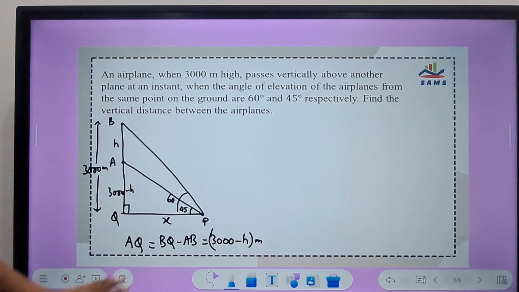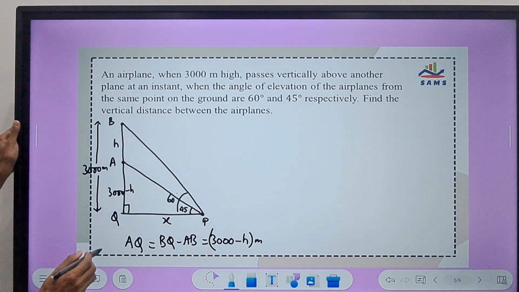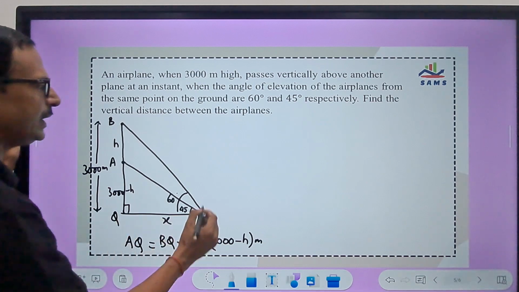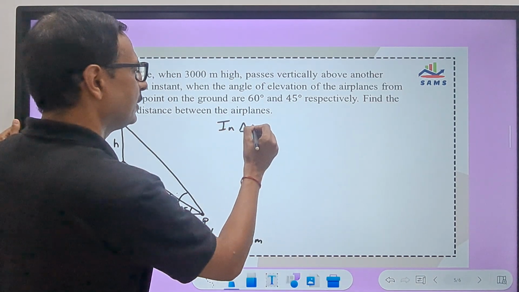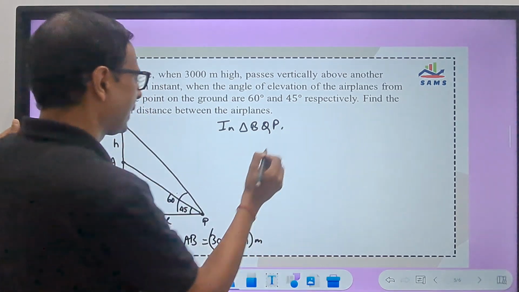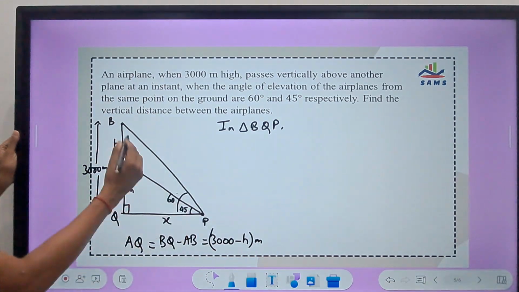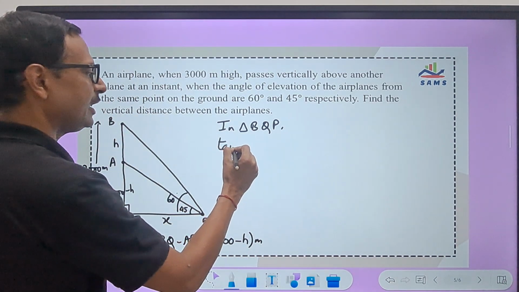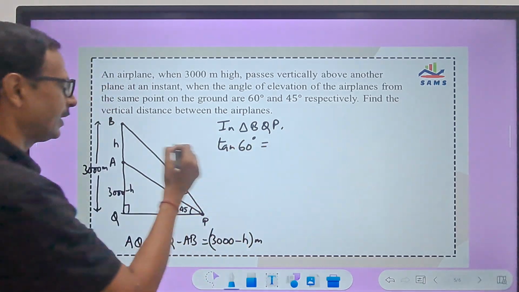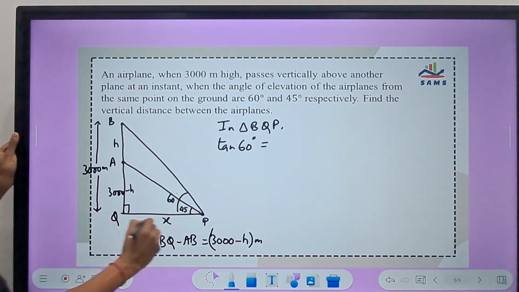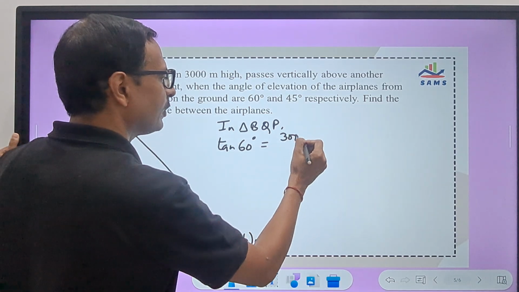Now I can use the two triangles. So I am using the bigger triangle first, BQP. So in triangle BQP, tan of the larger angle, that is 60 degree, equals perpendicular upon base. Perpendicular is 3000, base is x. So 3000 upon x.